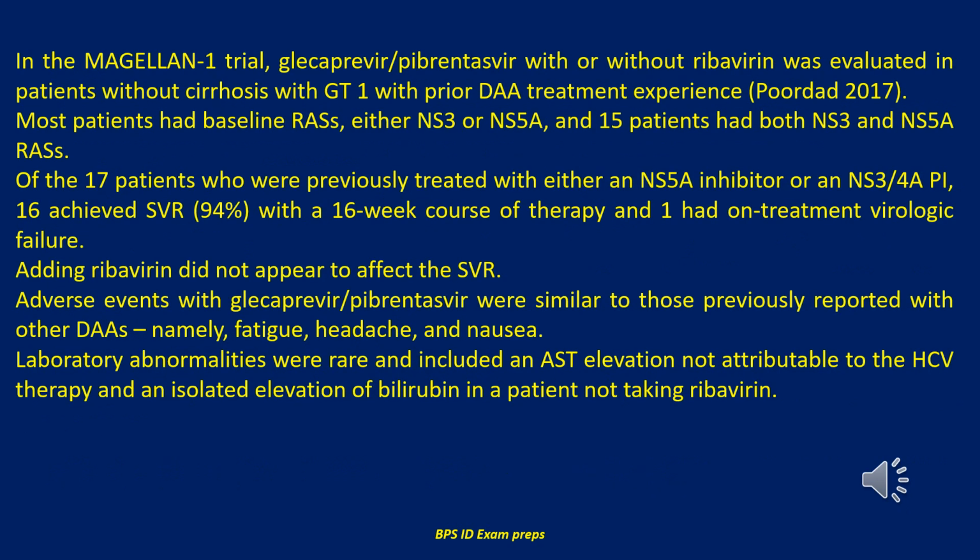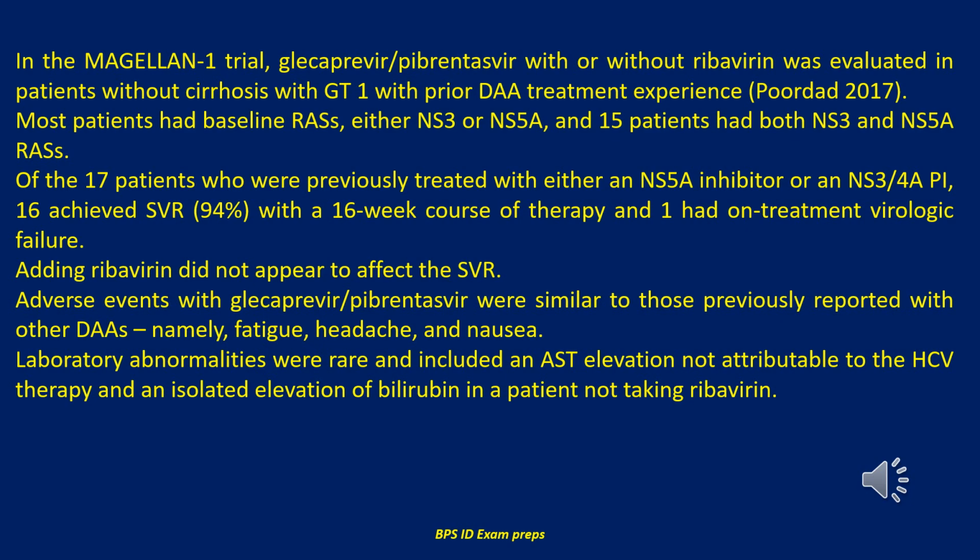In the MAGELLAN-1 trial, glecaprevir plus pibrentasvir with or without ribavirin was evaluated in patients without cirrhosis with GT1 with prior DAA treatment experience, according to Poordad 2017. Most patients had baseline RASs, either NS3 or NS5A, and 15 patients had both NS3 and NS5A RASs.